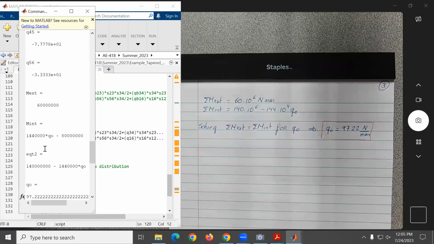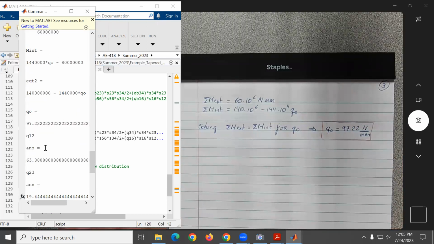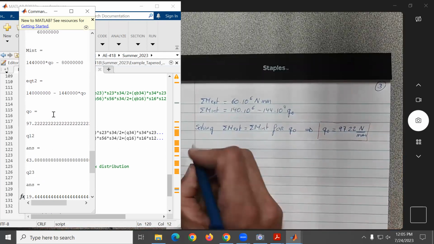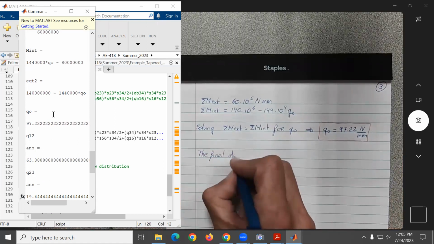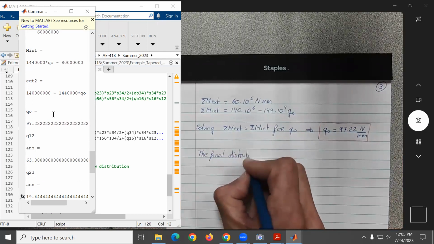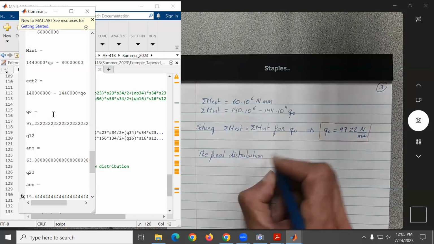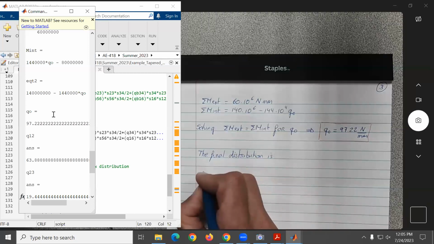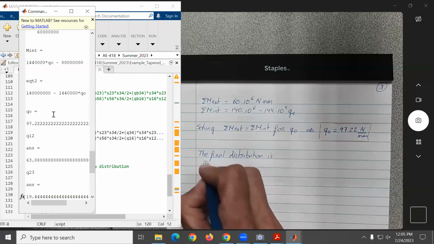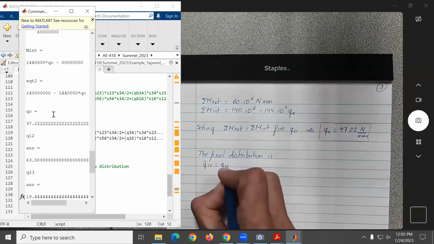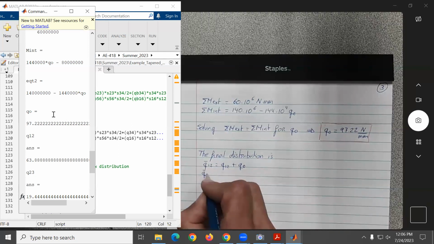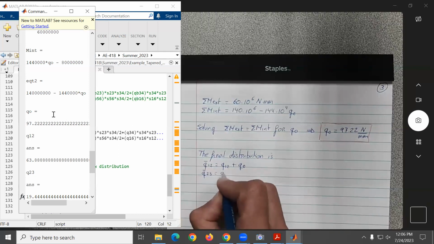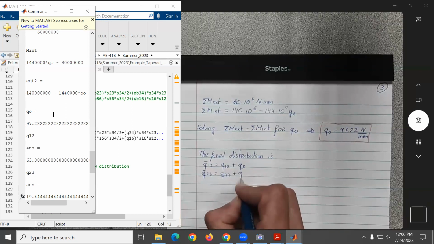Okay, so we can say at the end, the final distribution is, if you want to use the Q bar 12 equal to Q12 plus Q sub naught, you can, or you can use the figure. Q bar 23 equal to Q23 plus Q sub naught.